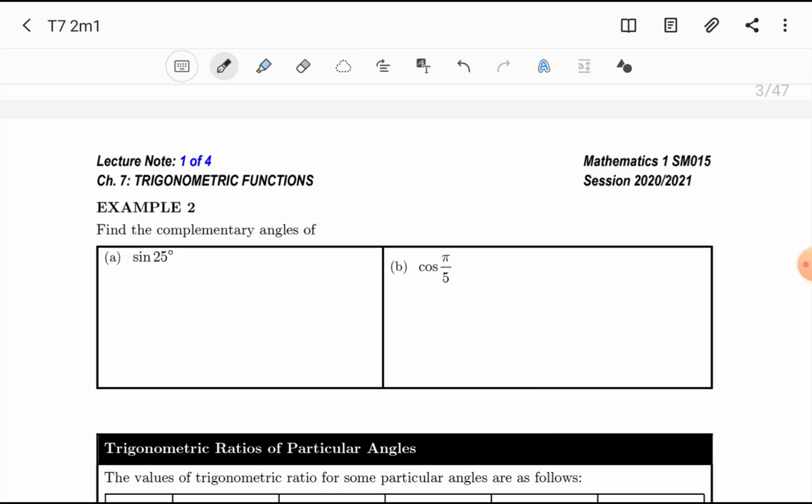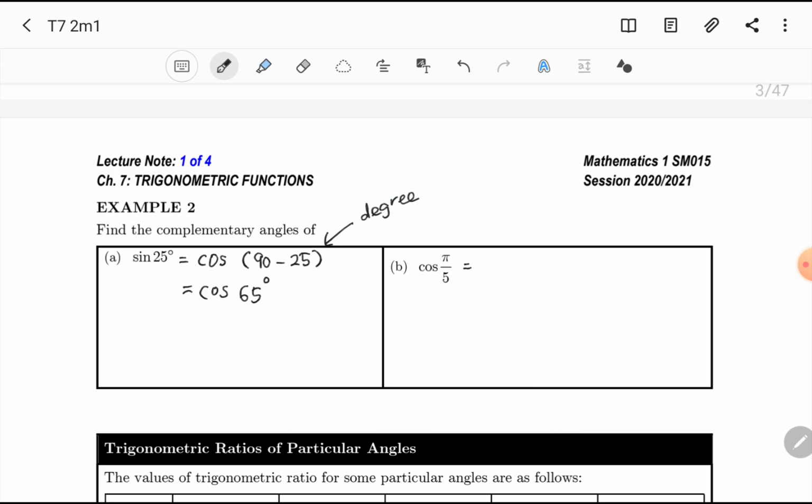Okay, so we proceed to example number 2. Okay, sin 25. Okay, so we will use the relation yang kita derive tadi. Okay, we know that sin 25 equals to cos. Okay, awak tengok sin kat atas. Sin 25 equals to cos. Okay, dia akan jadi 90 minus theta. So apa theta kita? 25. Okay, so equals to cos 65 degrees. Okay, cos pi over 5 equals to, okay, so for first one we are using degree.